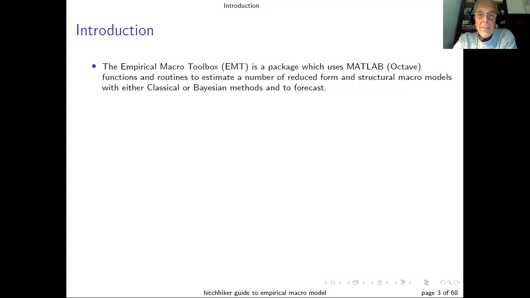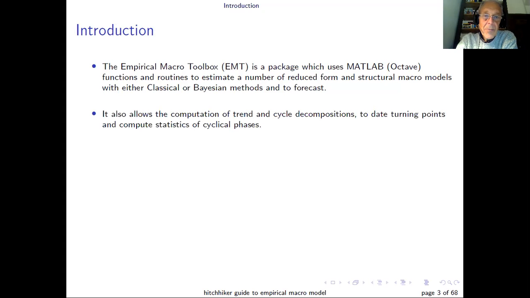And once estimation is performed, you can do forecast. As I already said, the toolbox also allows you to decompose observable time series into two latent components, which I'm going to call trend and cycle for simplicity. And it will also allow you to date turning points and to compute statistics of business cycle phases, such as amplitude and duration.